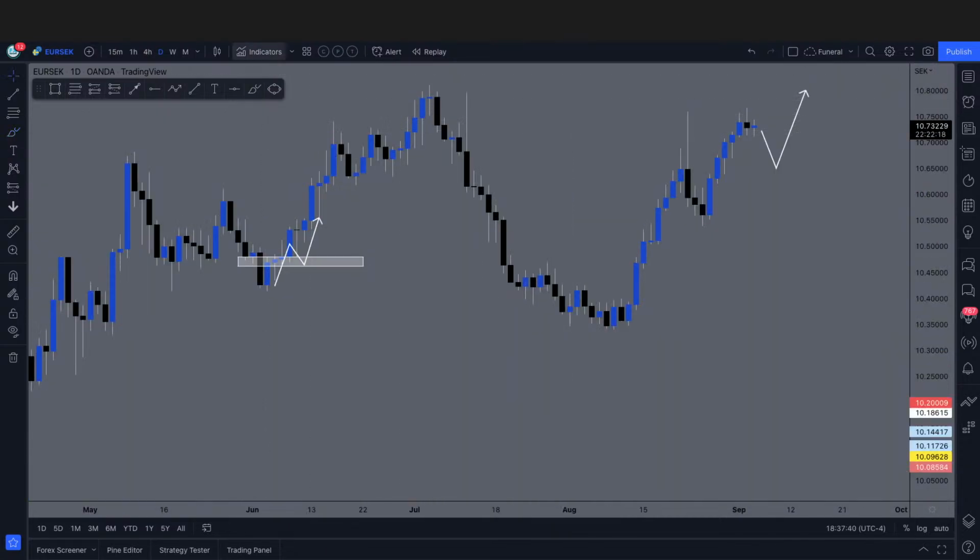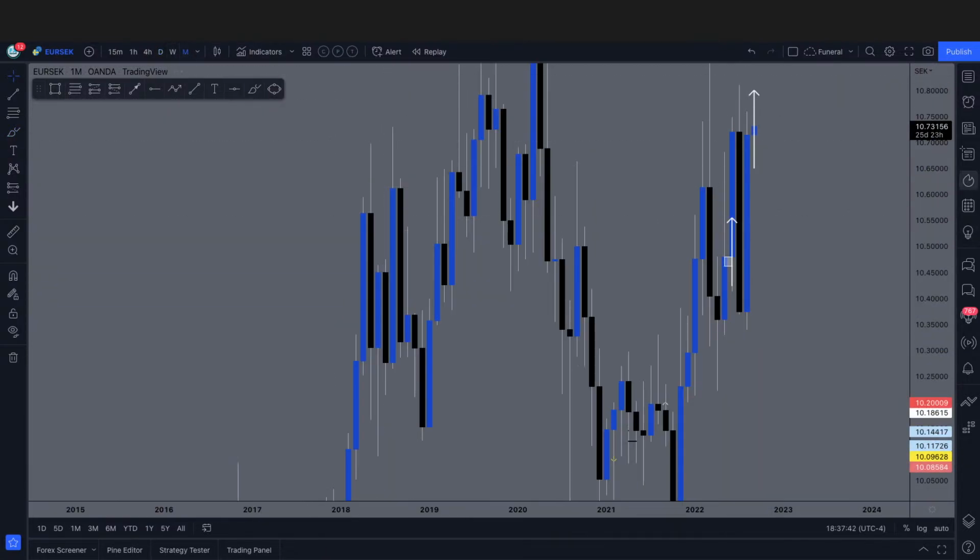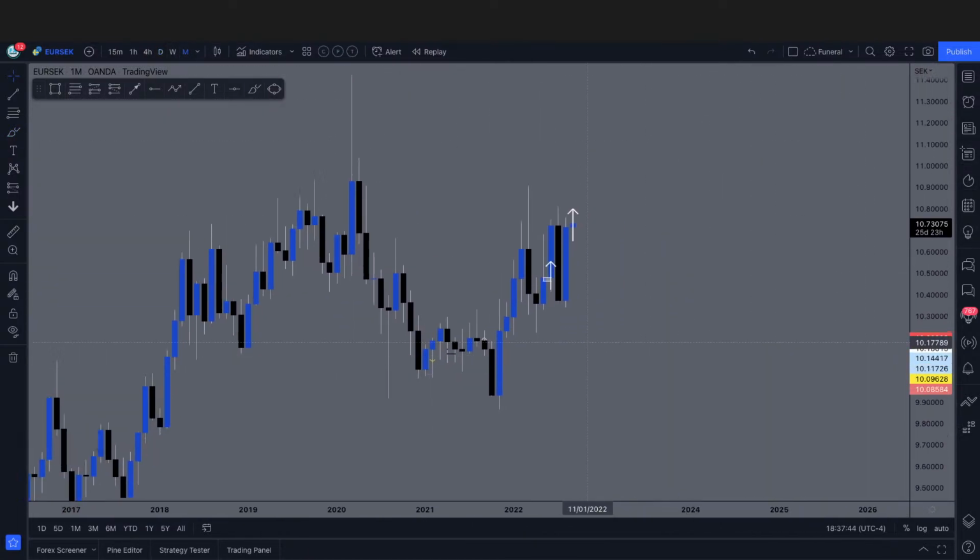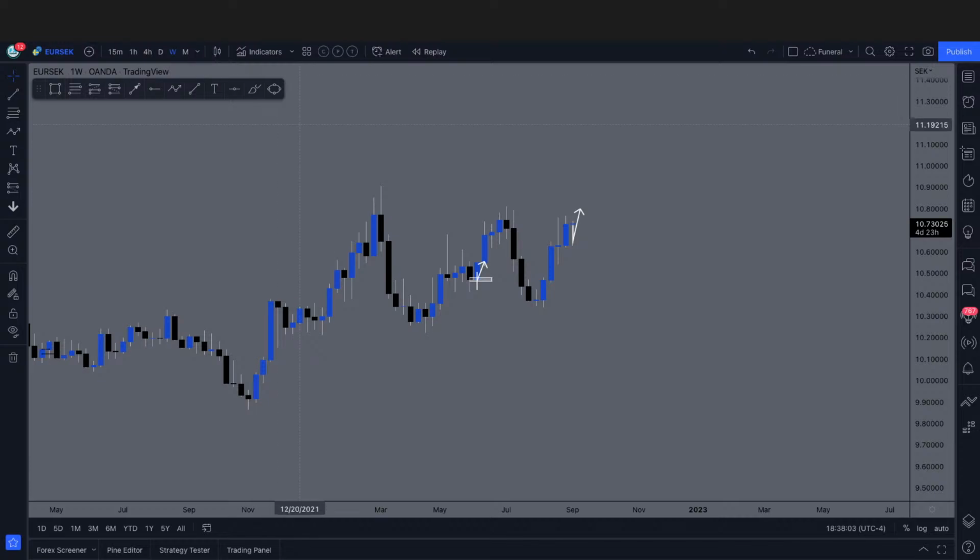Going down to Euro SEK from the monthly time frame, we have a market that is pushing to the upside quite aggressively. So we've had a few candles showing strength in the market. Two candles up, one candle down showed the bearish strength, but an immediately bullish candle covering the same ground shows bullish strength. And then the next monthly candle is starting to make moves to the upside as well.